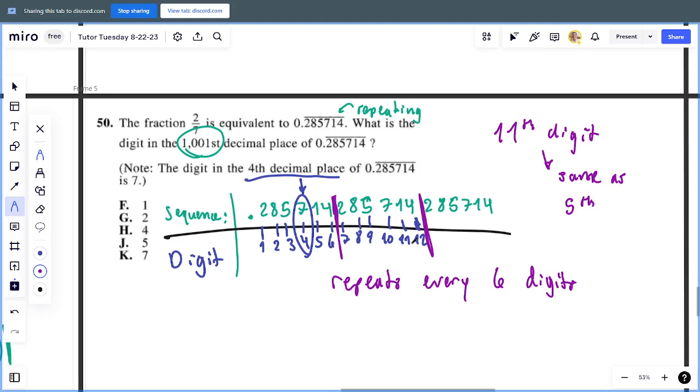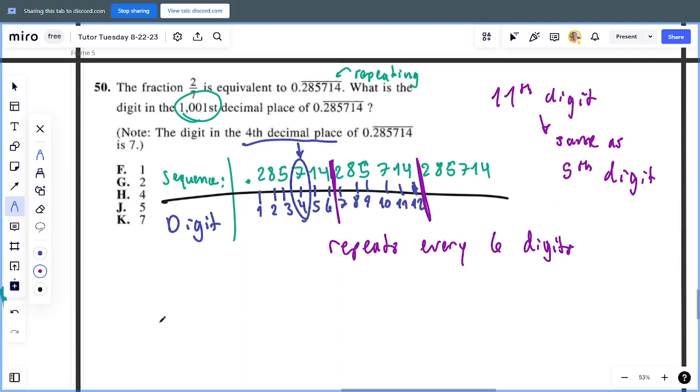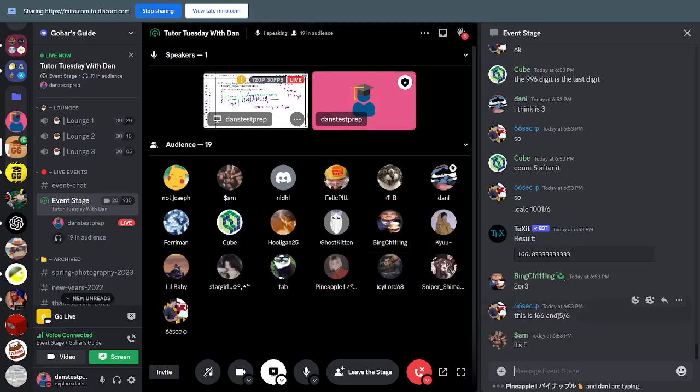You can look here and see the 11th digit and the 5th digit are both 1. Basically, we can take 11 modulo 6, if you guys know what that means, get to the 5th digit, and just look at these first 6 digits to find the value.